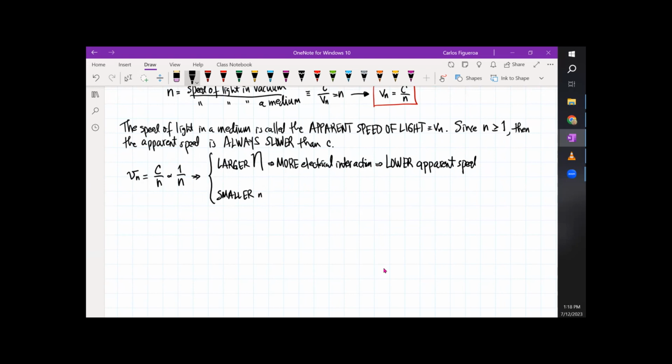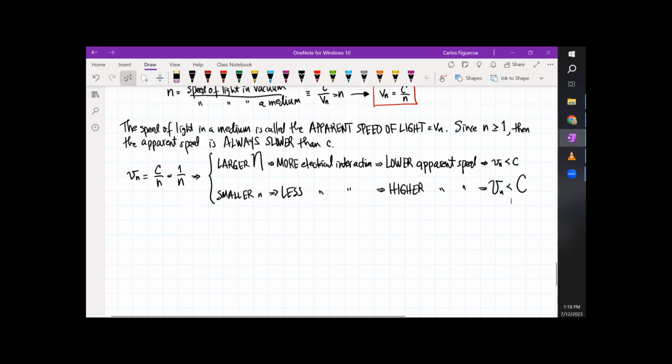Which then tells me that v_n is going to be less than c. However, if I have a smaller index of refraction, that means I have less electrical interactions. So therefore, I have a higher apparent speed, but even though it's higher, it's still less than the speed of light.